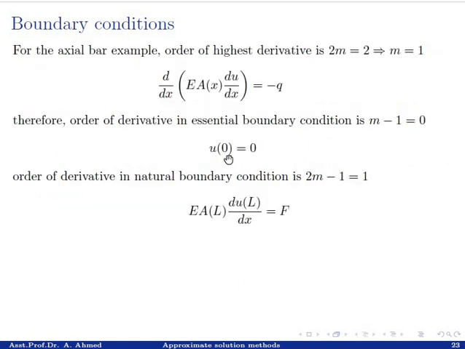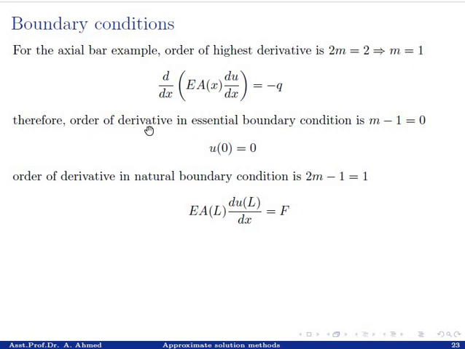For example, for our case of the axial bar, the order of the highest derivative in the equation is, so this is the equation, and this equation contains d squared u over dx squared. So the order of the highest derivative is 2. So 2m is equal to 2, or m is equal to 1.